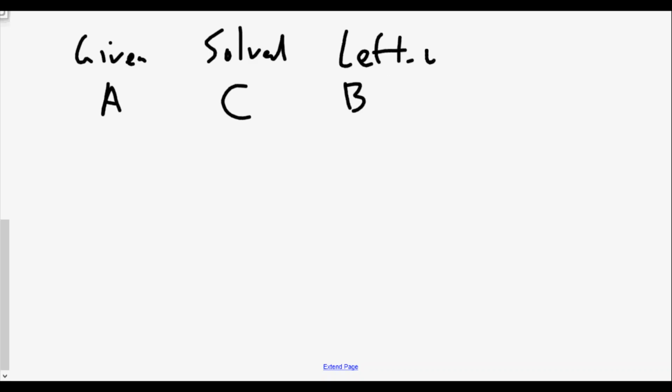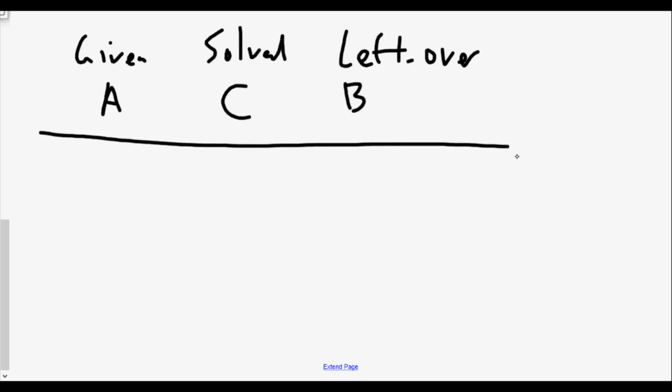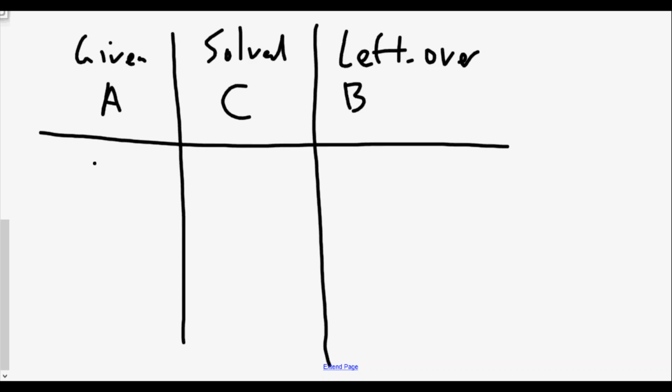You say, what do you mean leftover? Well, the given angle was 30 degrees, so that's going to be 30. And we solved for the other angle C to be 59 degrees.